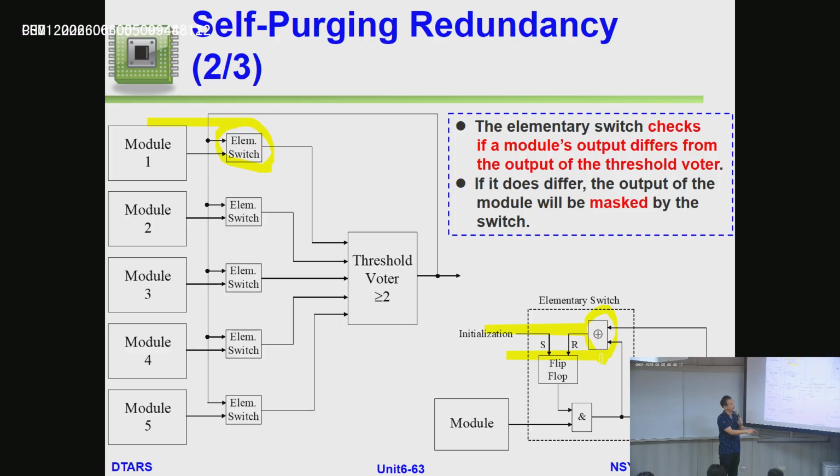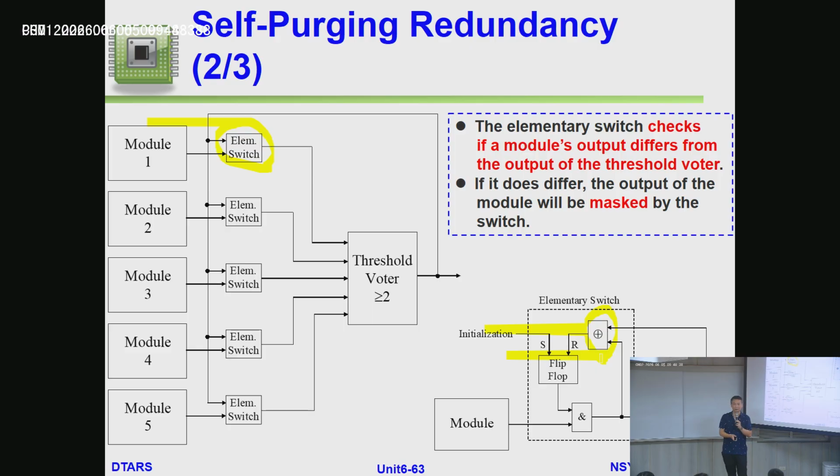It means that we don't activate the reset functionality of this flip-flop. Remember that this reset will be activated if we find any differences between these 2. Okay, so the idea is very simple. If we find some difference between your outputs and the golden result, then we turn off your module.